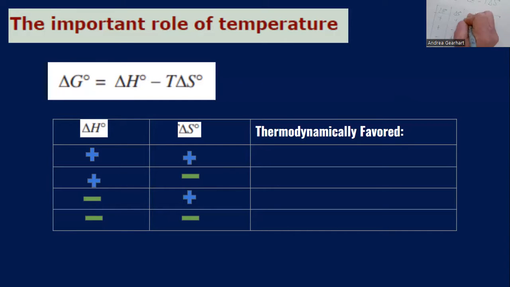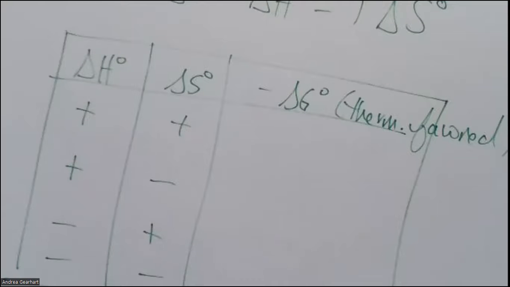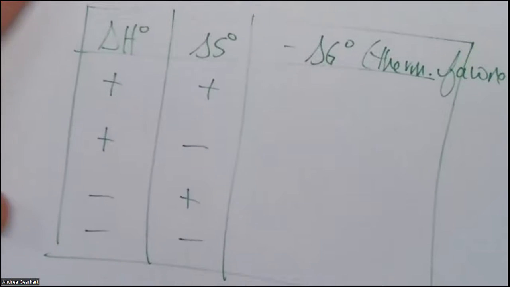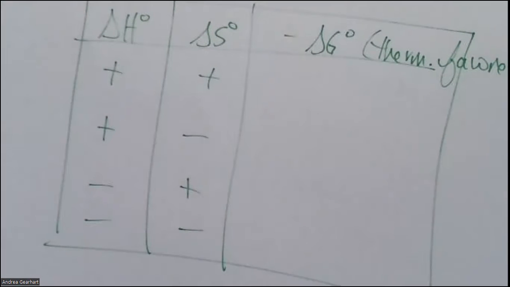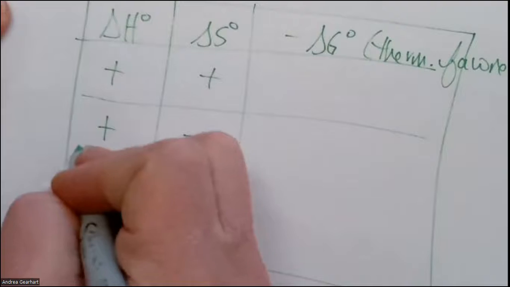When will delta G naught be negative? The first thing I'm going to look at is where they are both cooperating, where temperature will not play a role.